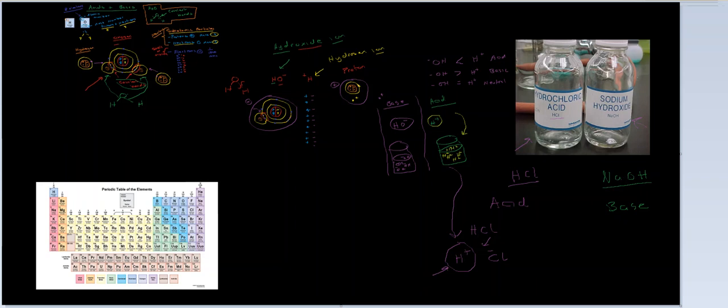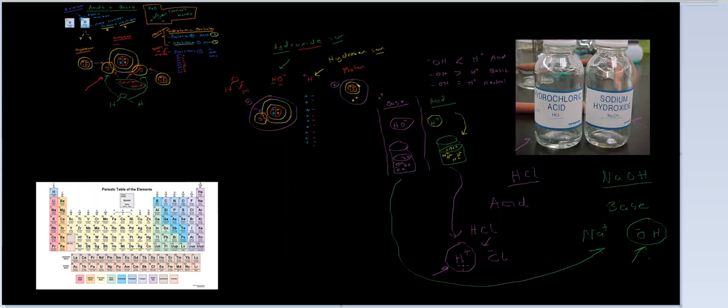If you take this base here, sodium hydroxide, NaOH, it's a base. When you put this into solution, it'll become an Na plus ion, and then it'll produce loads of these OH minus ions, or hydroxide ions. If there's a lot of NaOH in solution, you're getting an awful lot of these OH minus ions, which is what a base is.